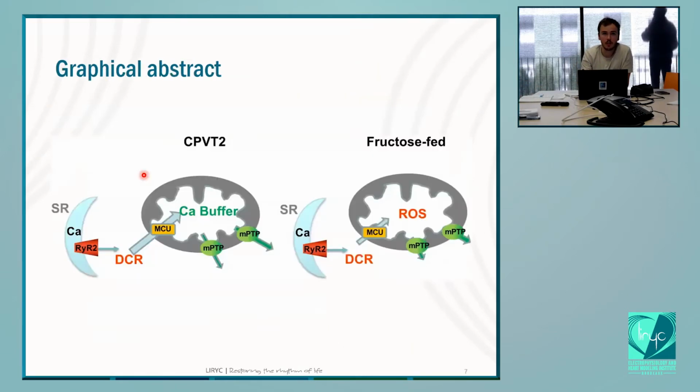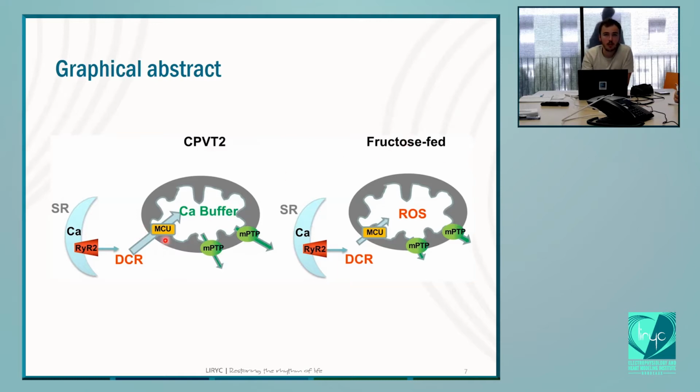And they are going to understand the different effects specifically by looking at the mitochondria's role in those diseases. Here is a graphical abstract, with the CPVT2 model and the fructose-fed model.